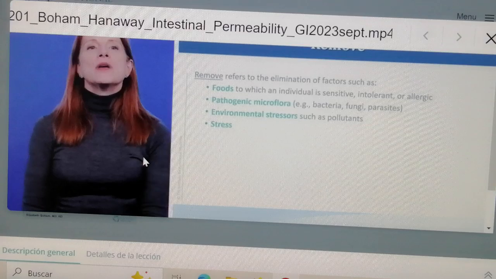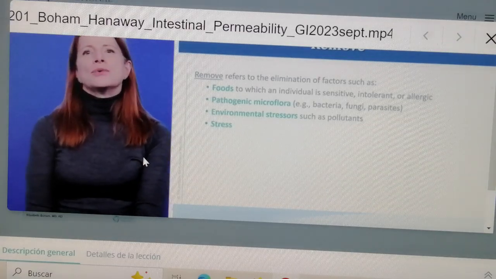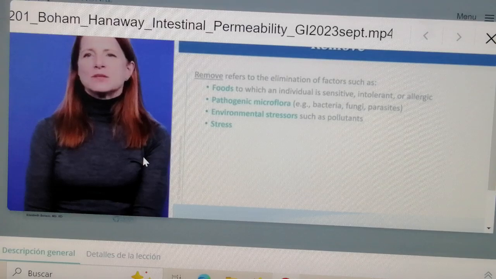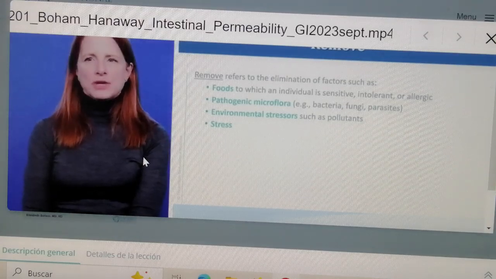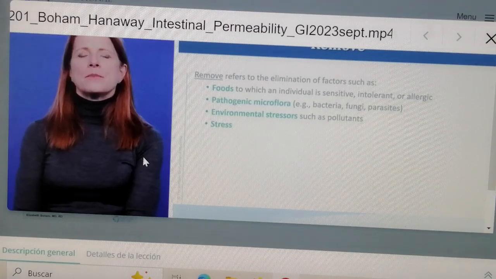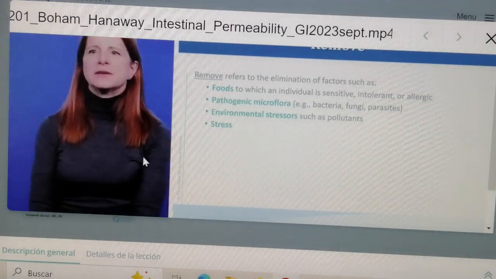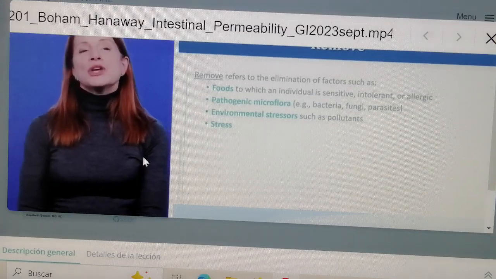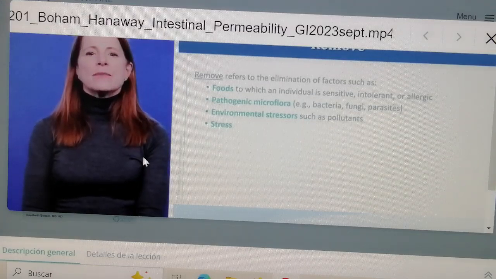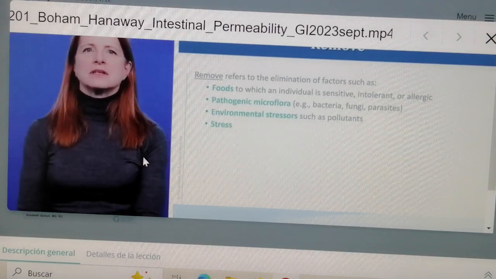So for her, we removed gluten and dairy, and we also found that she had some dysbiosis on testing, which I treated. So I ended up treating it with both herbal and pharmaceutical medication. But what you can do, remember, we're removing food sensitivities, intolerances, and allergens.